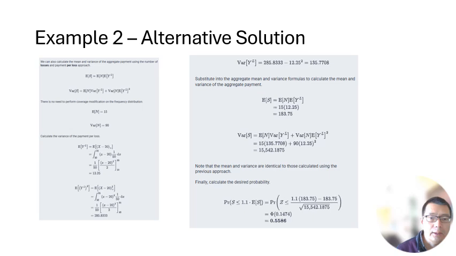From here, we can also calculate the probability of S less than 1.1 times E[S] to be the same 0.5586. So here we are just using the payment per loss rather than payment per payment, but you will arrive at the same result.